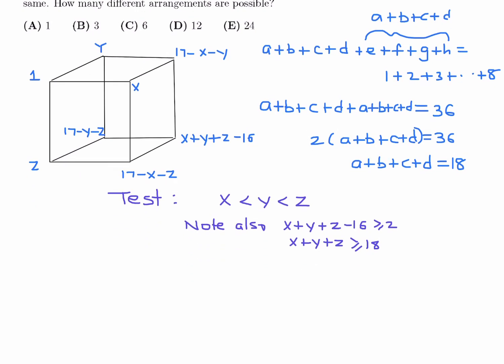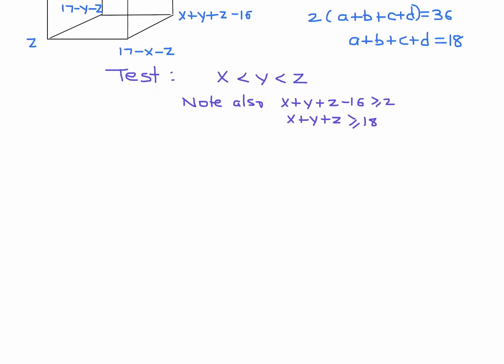All right, so let's now see what we can get for X, Y, and Z. We got to figure this out. Okay, X, Y, and Z. Well, if Z is 8 and Y is 7, X has to be 3. 8, 6, and 4.